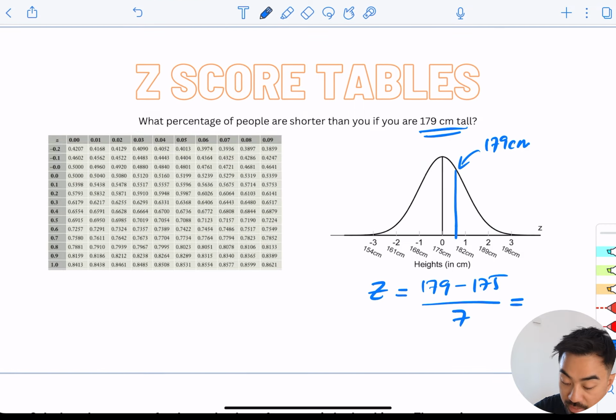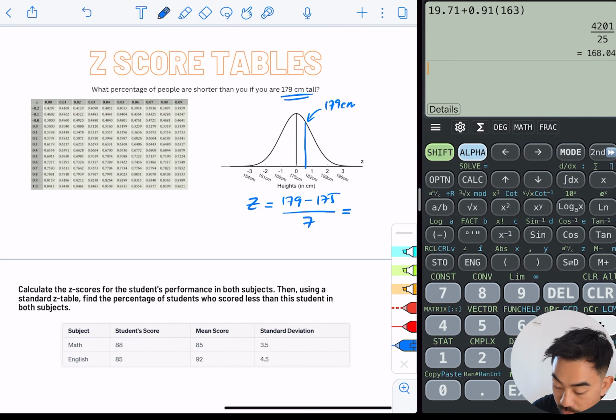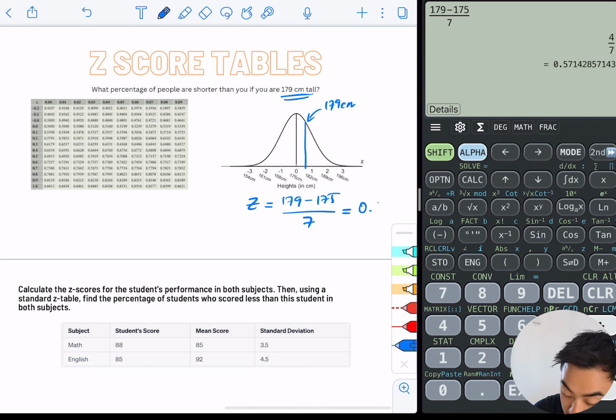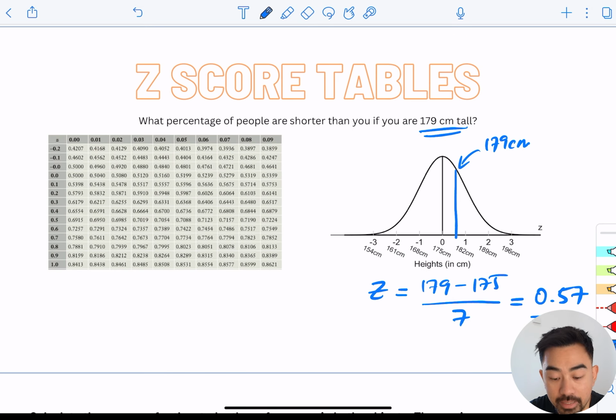So just work that out in the calculator. So 179 minus 175 over 7. So we get a z-score of 0.57. So as expected, somewhere between 0 and 1. All right, so what we do after this is we go look for this number in the z-score table.